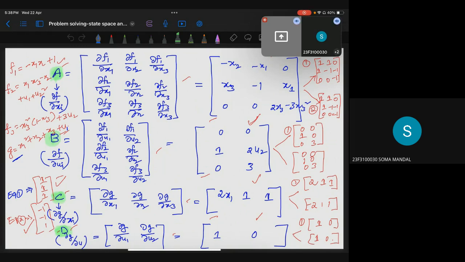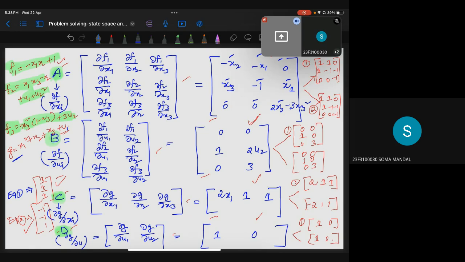Simply take the derivatives of F1, F2, and F3 with respect to X1, X2, X3.